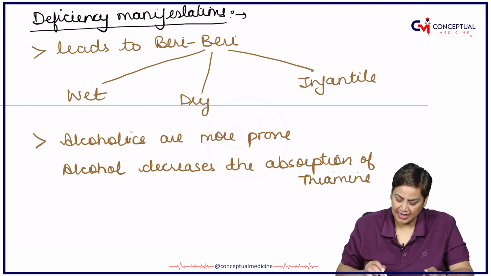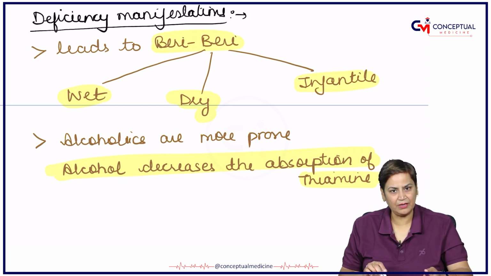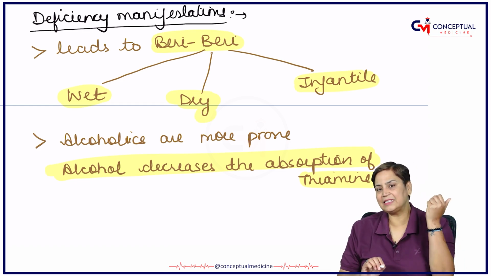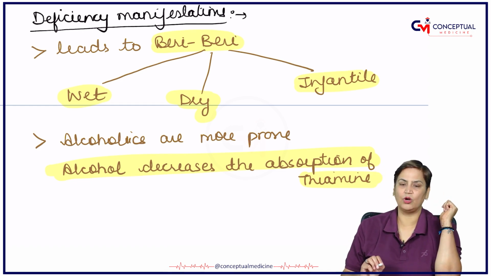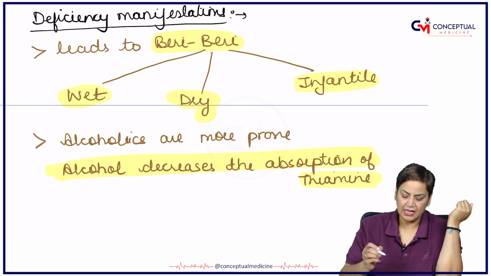Okay, so first it leads to beriberi. Beriberi further is of 3 types: wet beriberi, dry, infantile, and second is alcohol. Since alcohol decreases the absorption of thiamine, they will be more prone to deficiency of thiamine.